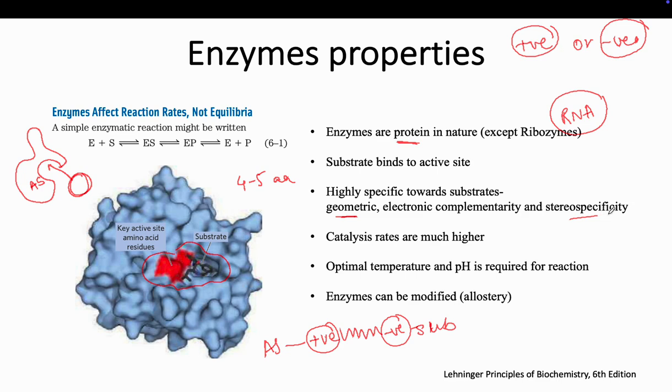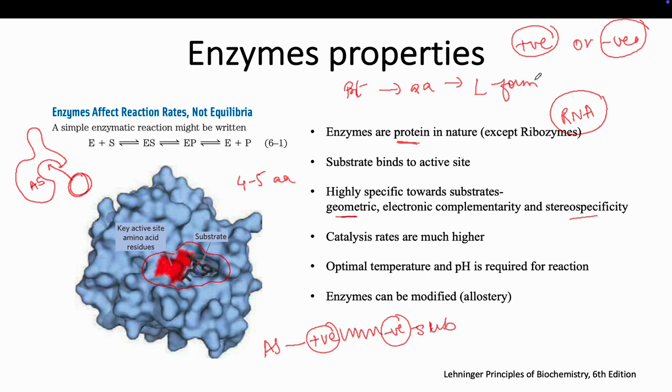And then we have stereospecificity. It is the spatial specificity observed in enzymes. Mostly enzymes are protein, and protein is made up of amino acids, and these amino acids are the L form.